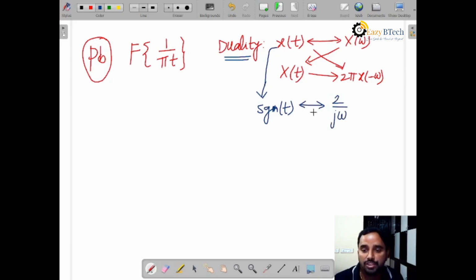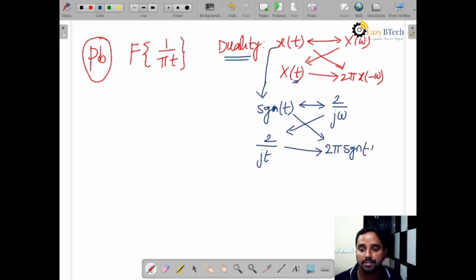Now take it as 2 by jt, in the place of omega, t. Now its Fourier transform will become 2 pi signum of minus omega. And the signum function is an odd function.